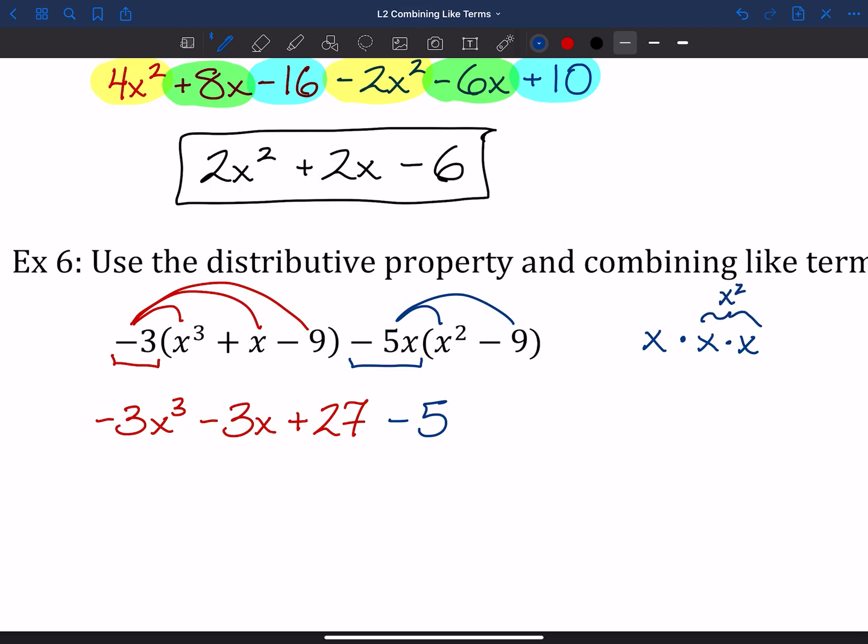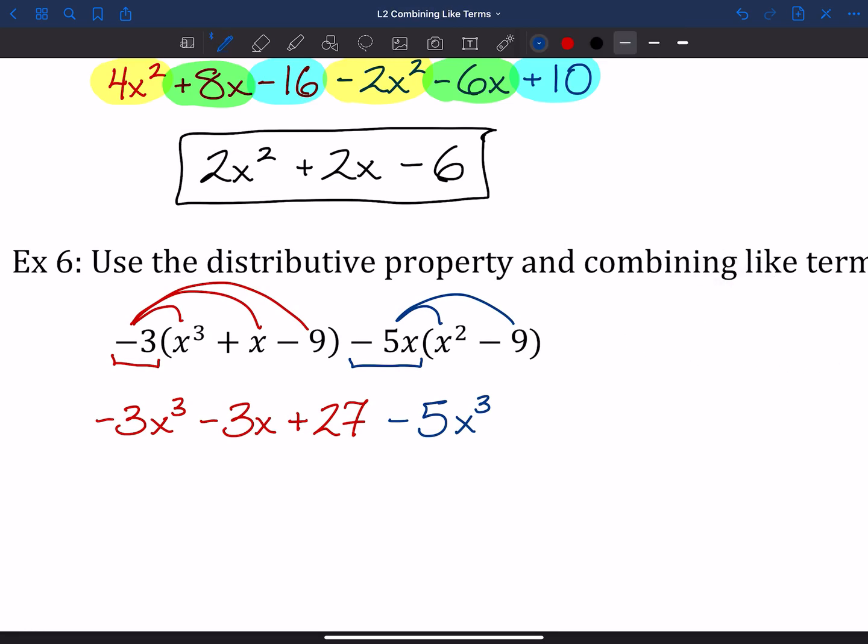That's what that x times x was. So if 2 x's multiplied gives me x squared, then it should hopefully make sense that 3 x's multiplied together gives me x to the third. So we're just ticking up that exponent by 1 because we're now multiplying by an extra x. All right, so we'll get negative 5x to the third there.